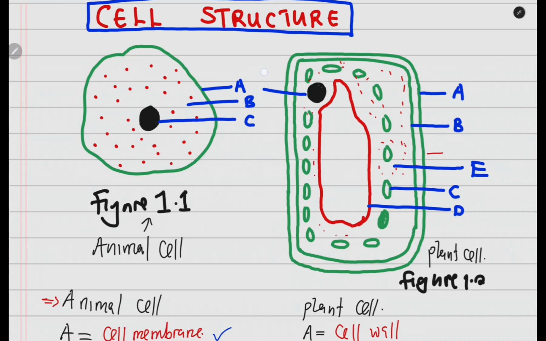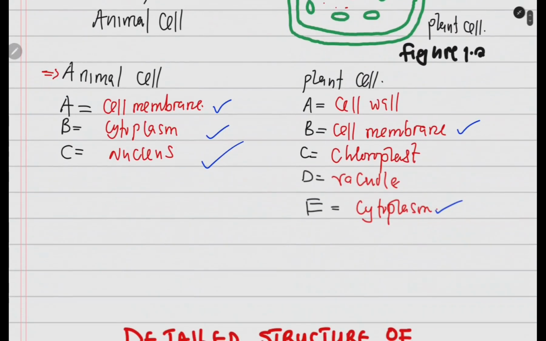Since that is A, this one will be F. So it has also the nucleus. Okay, so we can tick also on the nucleus. So they both have the cell membrane, the cytoplasm, as well as the nucleus. So these are the similarities that are there.